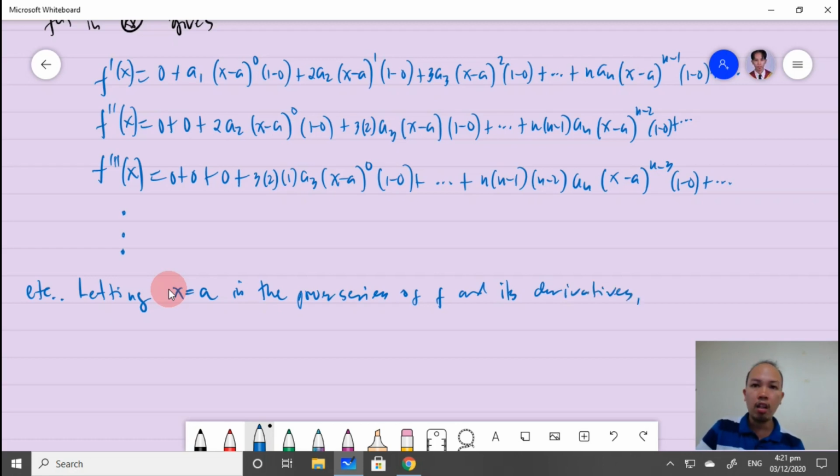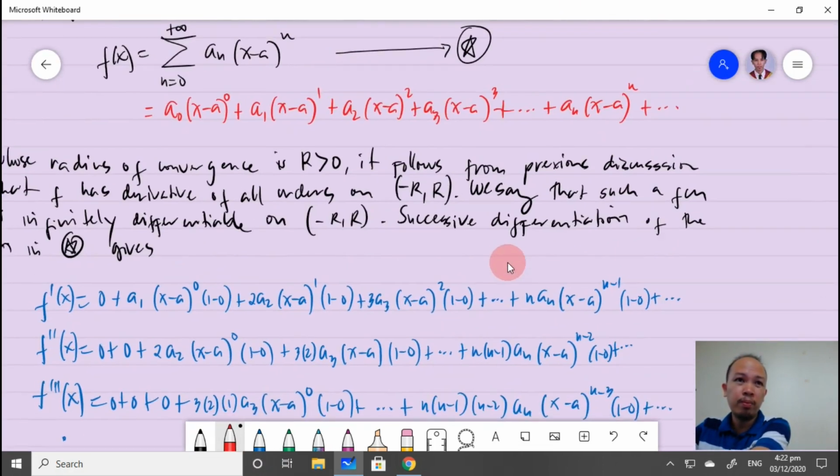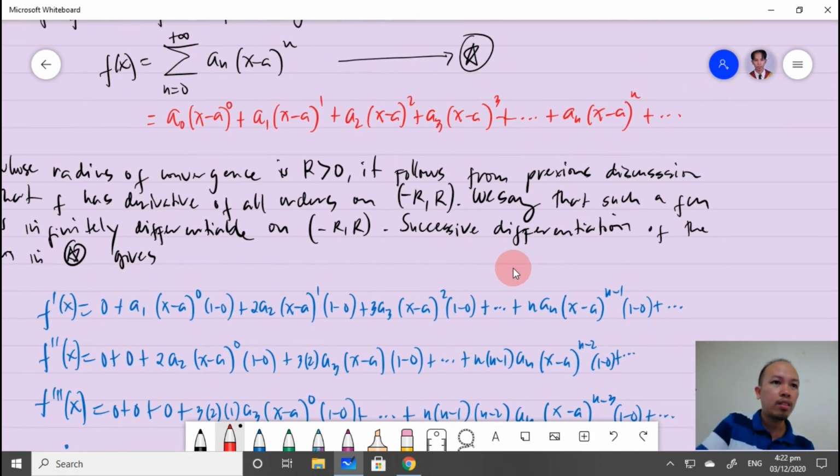First let's try f of a. If we substitute here, what will happen is this will become 1. We define that 0 to the power of 0 is 1, times 1, and the rest is 0 all throughout.